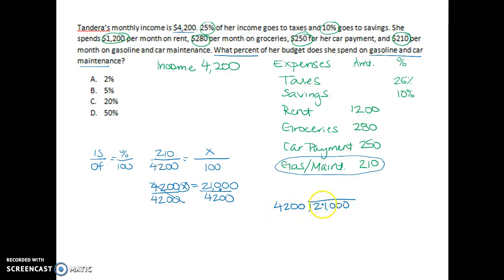I know that 4 goes into 25 times. I'm going to give that a try to start with. 4,200 times 5, 0, 0, 2 times 5 is 10, 4 times 5 is 20, plus 1 is 21. Excellent. So x is 5, so it's going to be 5%. So B.